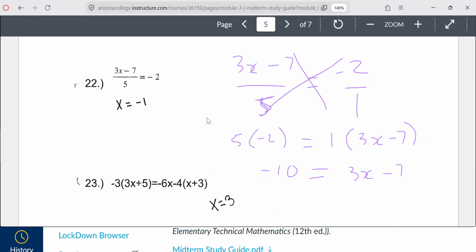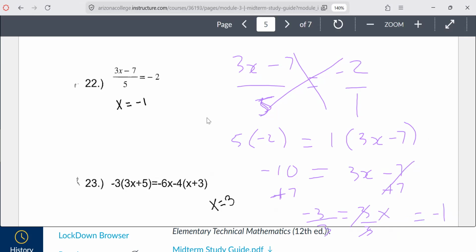And now you move the negative 7, plus 7, plus 7. This goes to 0. You've got negative 10 plus 7, which is negative 3, equals 3x. You divide by 3, you divide by 3. So negative 3 divided by 3 is negative 1.